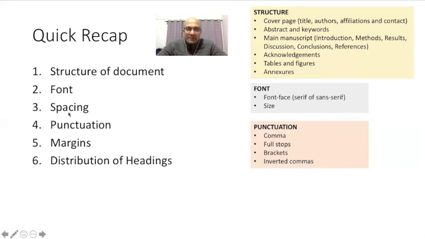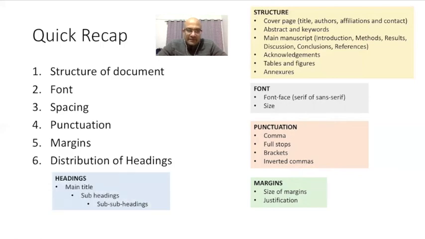We talked about spacing, in which we said there are no hard and fast rules, but 1.15 spacing works best. We spoke about margins, usually 1 inch on all sides, and justified margins work best. It's important that the headings are easily identifiable as the main heading, the subheading, or the sub-subheading.